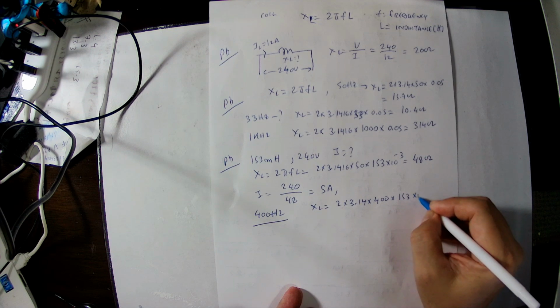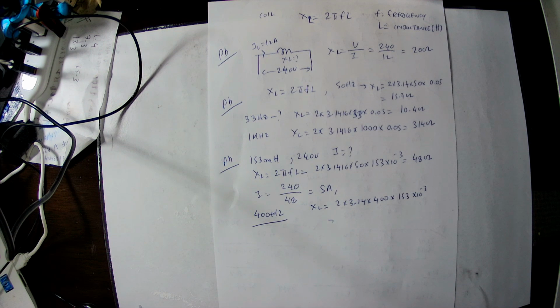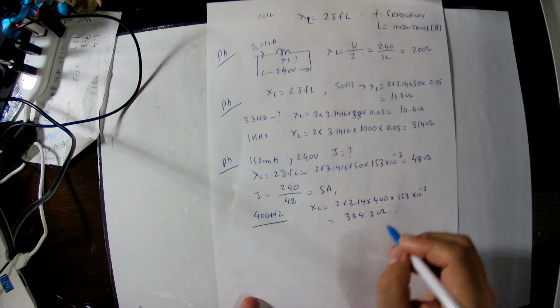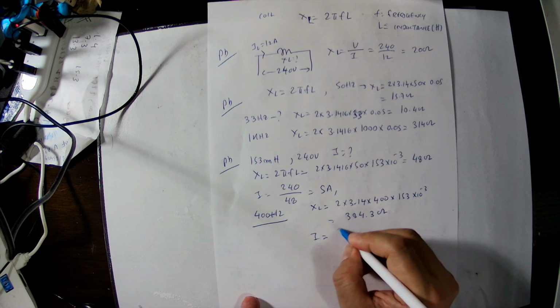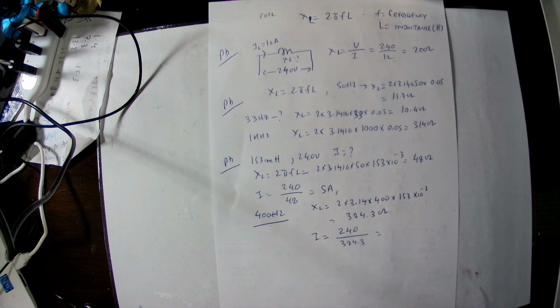So we calculate 2 multiply 3.14 multiply 400 multiply 153 divided by 1000. You get 384.30. Then the current can be calculated: 240 divided by 384.3. So this is 0.62 ampere.